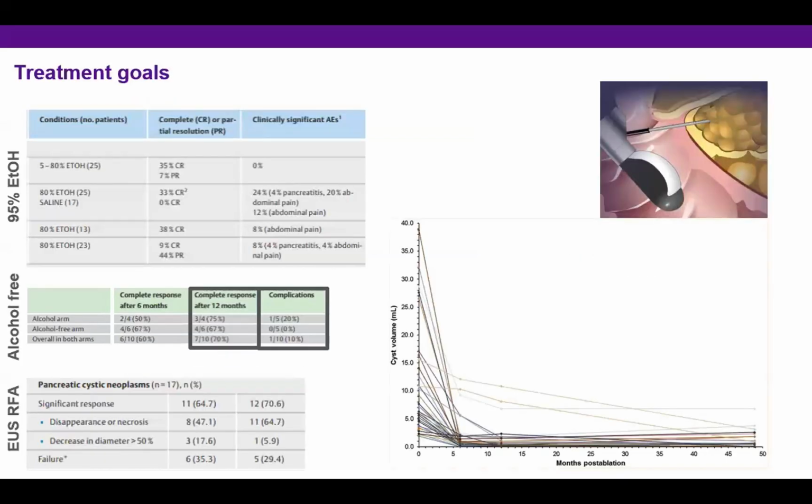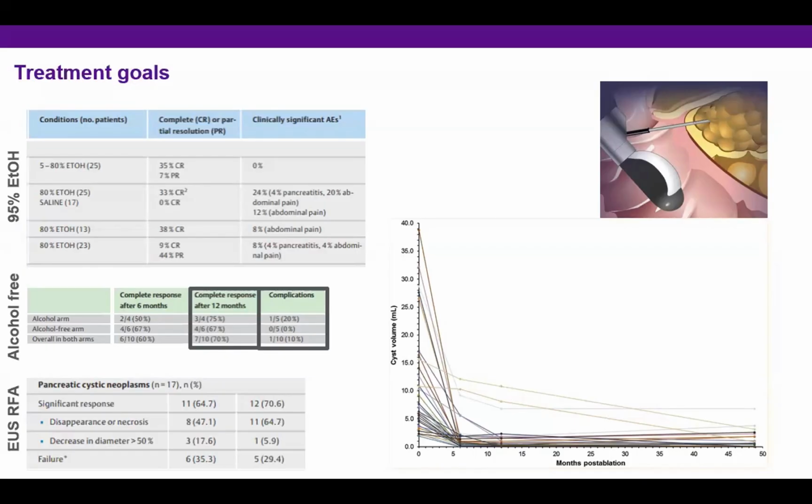And the two modalities that have emerged, this is an older slide, sorry, I didn't realize I didn't send the updated slide, but the two modalities that are emerging as really significant, and we'll hear about them, are chemoablation strategies and radiofrequency ablation for cystic lesions, which are both becoming safer and through the studies are proving to have significant efficacy, with complete resolution of cystic lesions upwards of 70–80%, which is a very important target when we're treating a benign disease.